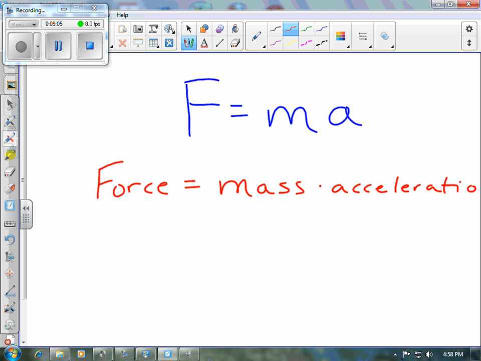Before we go any further, force is measured in units of newtons. Why would it be measured in newtons, do you think, Michael? Right, Isaac Newton came up with this stuff. And force is in units of N. And again, this is something Aristotle wouldn't have done, measuring how to quantify force.